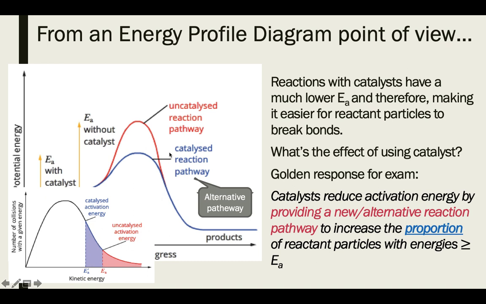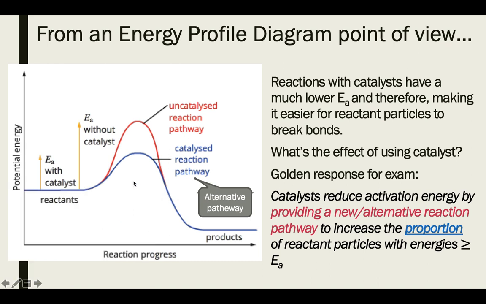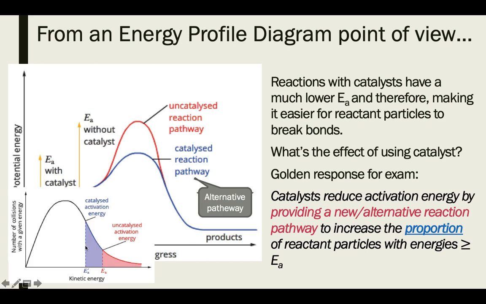Okay, so you can see that the energy profile diagram gives us a view of the alternative pathway created by using a catalyst, and the Maxwell-Boltzmann diagram gives us a clear view of the increasing proportion of successful collisions.